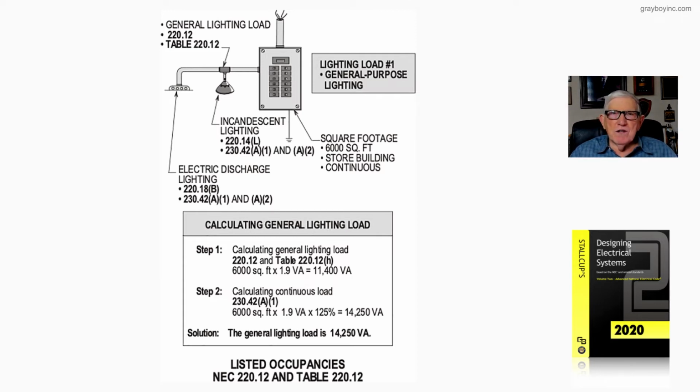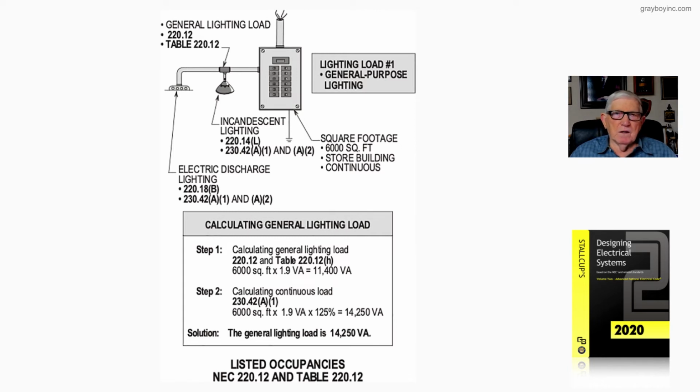All authorities having jurisdiction per 90.4 and plan checkers with a state, county, or city do not consider that. They want the 125% put on, and we kind of consider it that way. And if you take 6,000 square foot times 1.9 VA, then times 125% per 230.42(A)(1), you come up with 14,250.